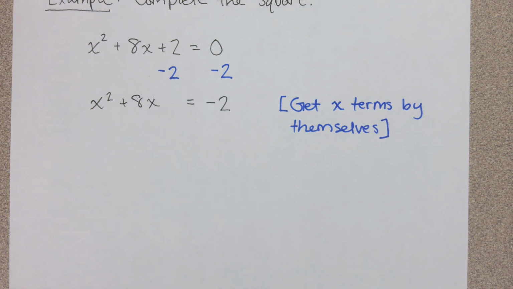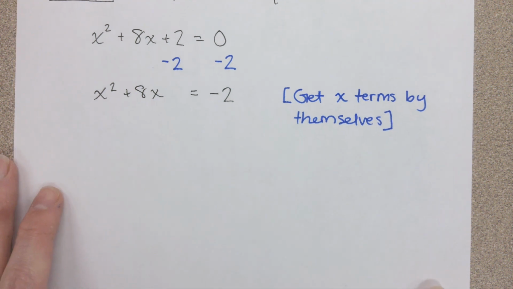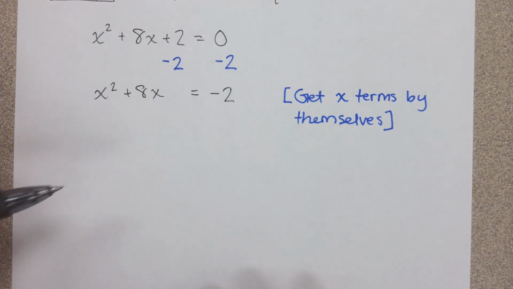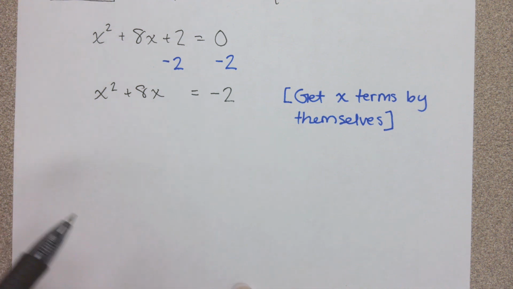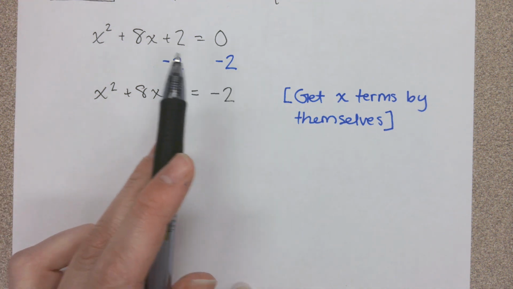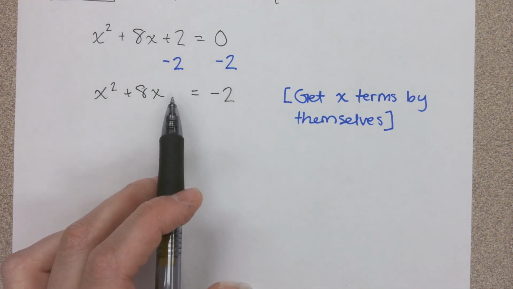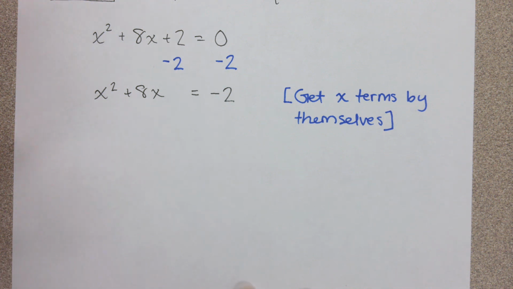This next step is where we're going to actually complete the square. We do several things all at the same time. So you're going to give yourself a little bit of space here. And like how I, in this line, left a gap here, you're going to do the same thing. I'm going to make it a little bigger, though.